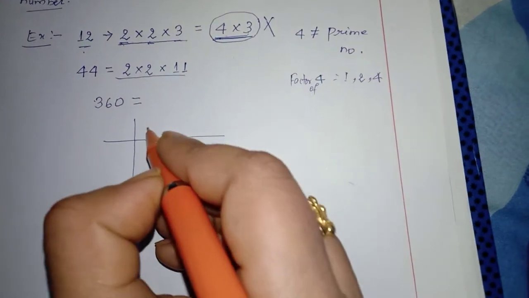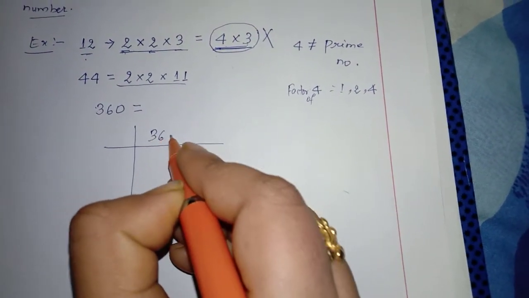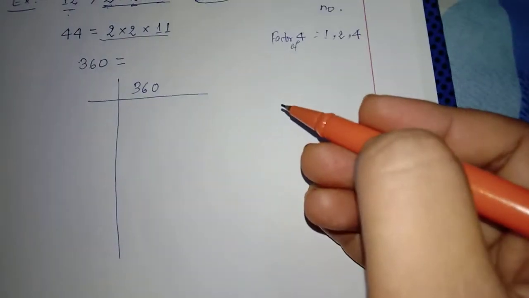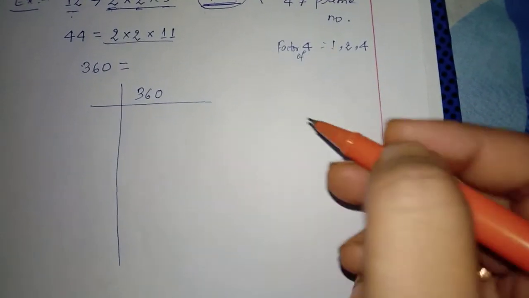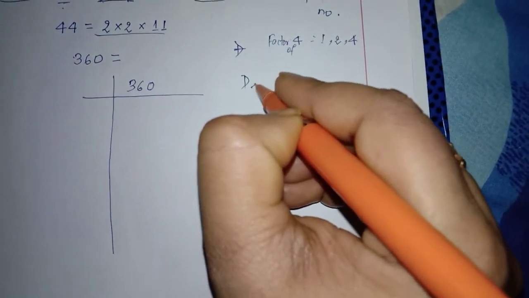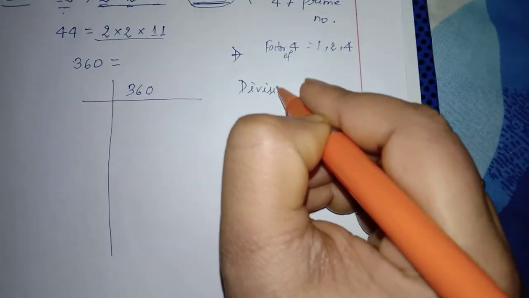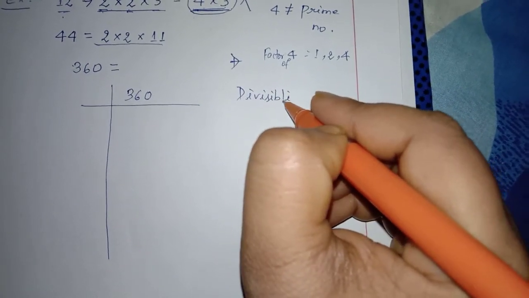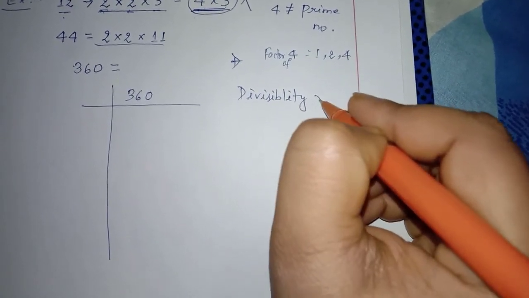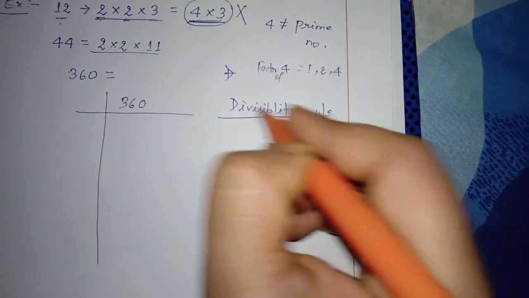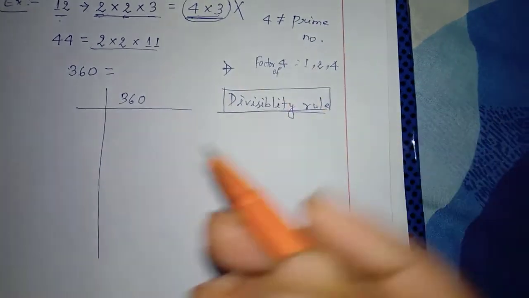Only apply it in this way. If I have to write the prime factorization of 360, we will apply the divisibility rule. Which rule do we have to apply? The divisibility rule. And what does this rule say?